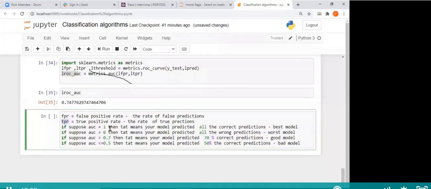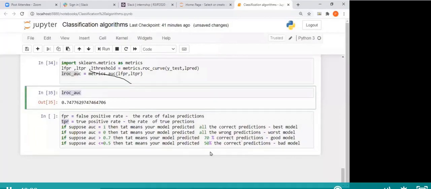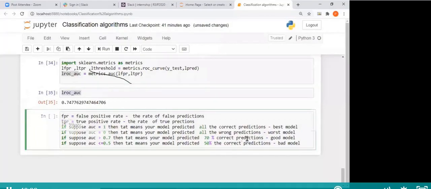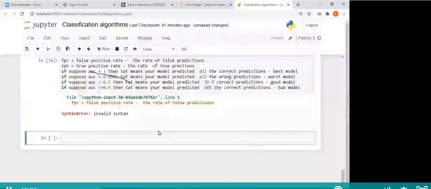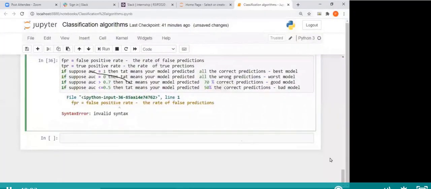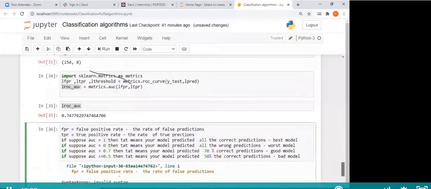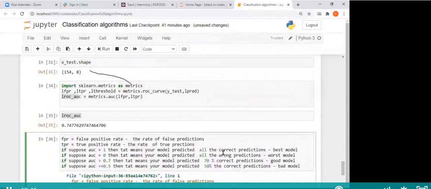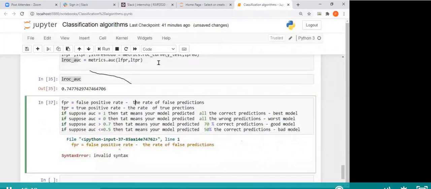Yes. So now let's plot the graph of the AUC and ROC curve. Plotting.